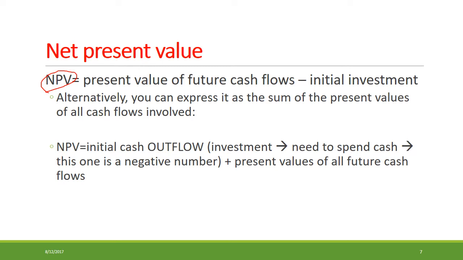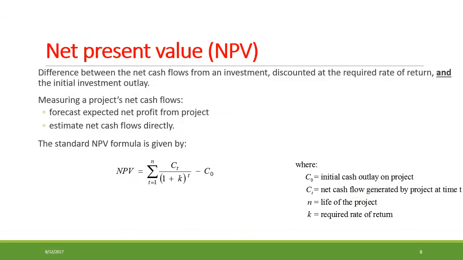So the net present value is just the difference between the sum of the present values of future cash flows and the initial investment. This is expressed in this formula here, where C0 is the initial cash outlay.